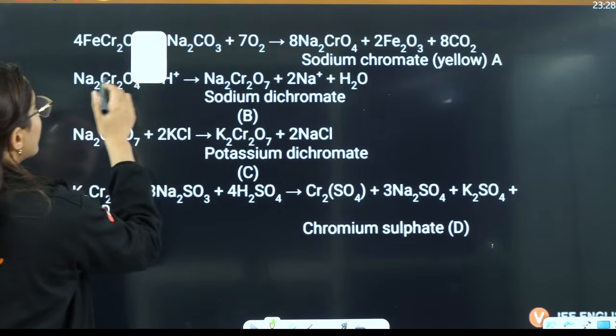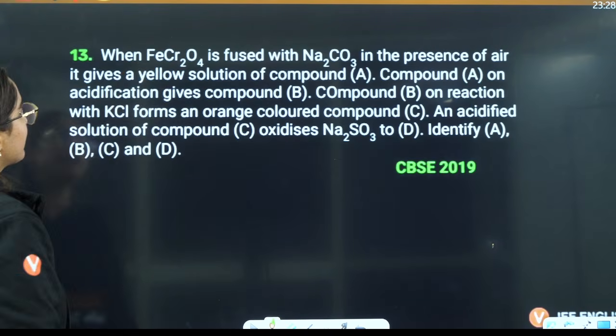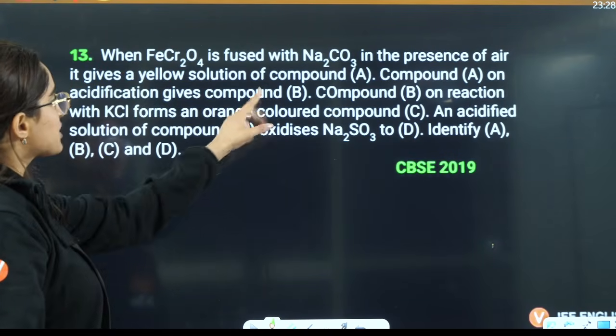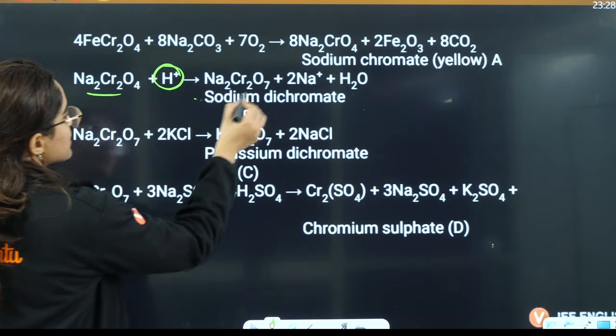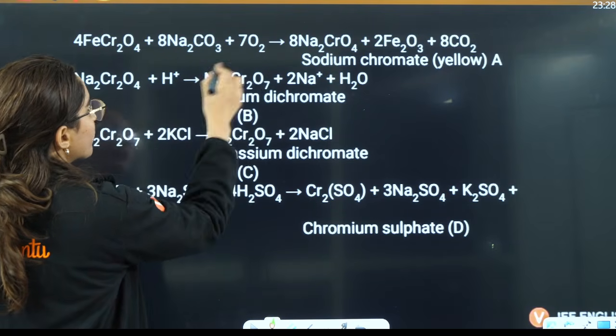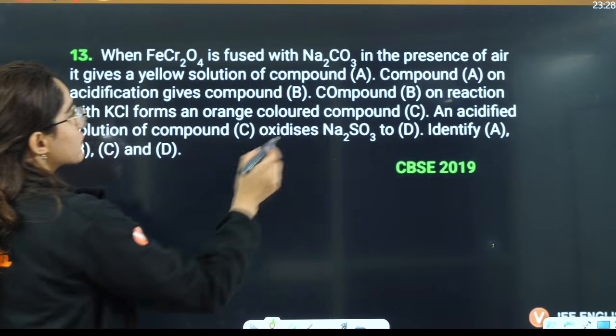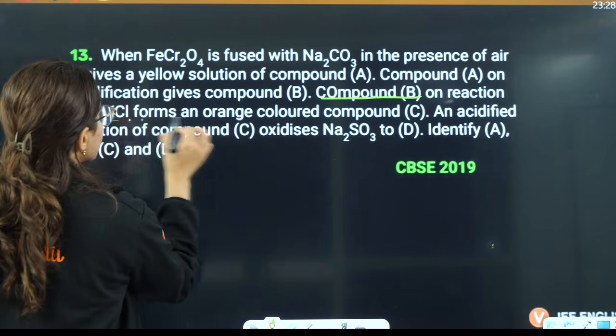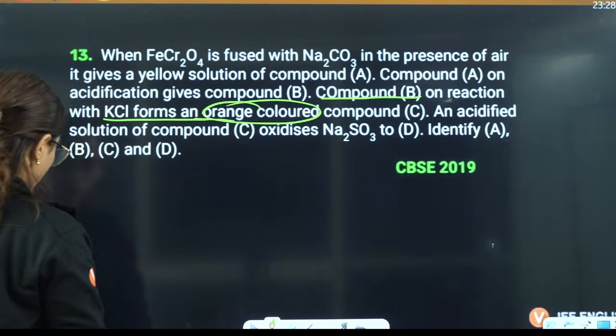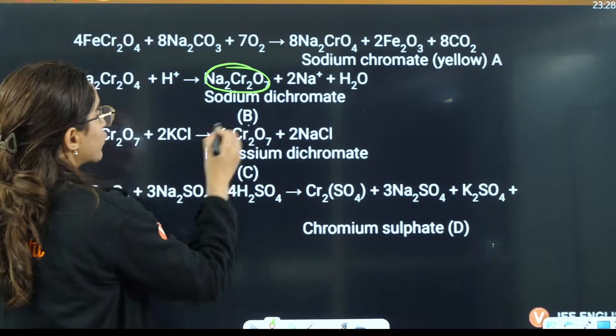On acidification it gives B, sodium dichromate, which on reaction with KCl forms an orange compound, that is potassium dichromate.